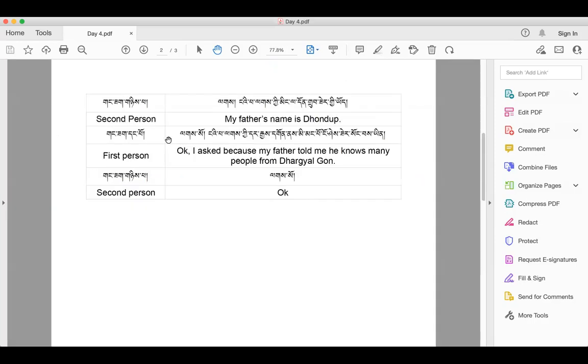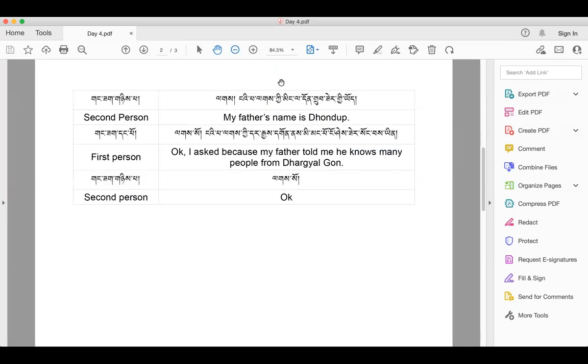Now the thing is that nga doesn't have any consonant. It is by itself. So any word that is by itself will only be followed by two particles. It's either this or this. So therefore, it's either nge or ngai.